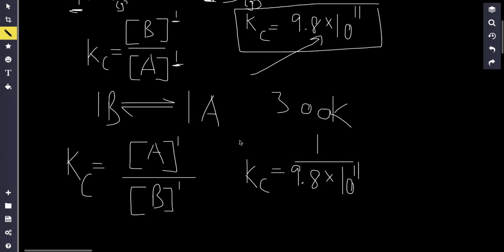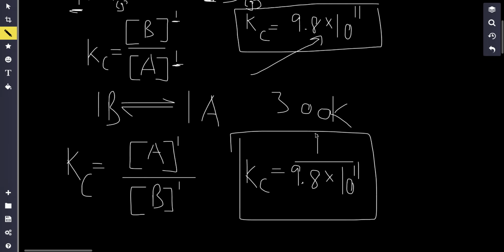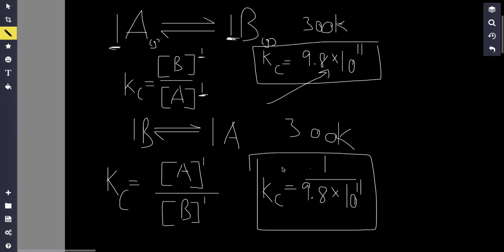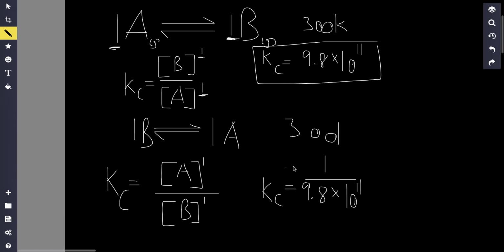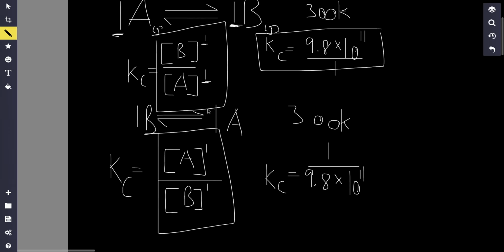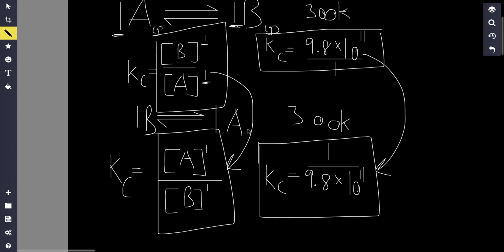So that means you also have to flip the equilibrium constant around in order to make everything equal. You can think about this equilibrium constant as 9.8 times 10 to the 11th divided by 1, and that matches up with what's here. However, if you flip this, it's like you're taking the reciprocal of this, so you have to flip this as well for the equilibrium constant. And that is what you get.